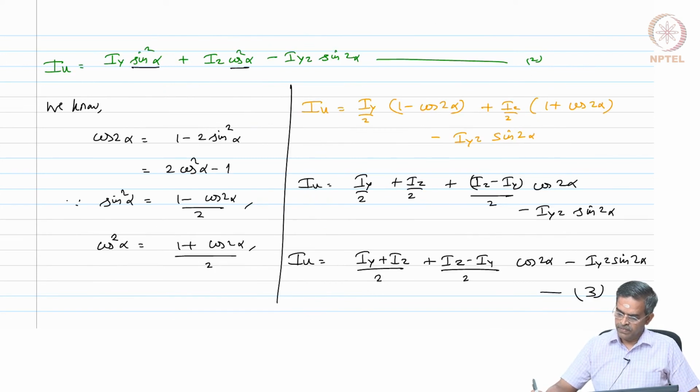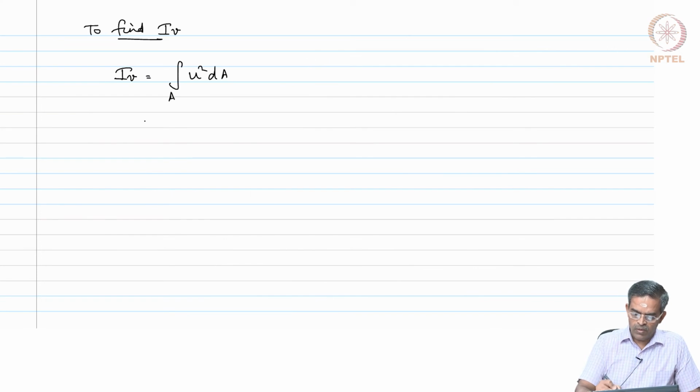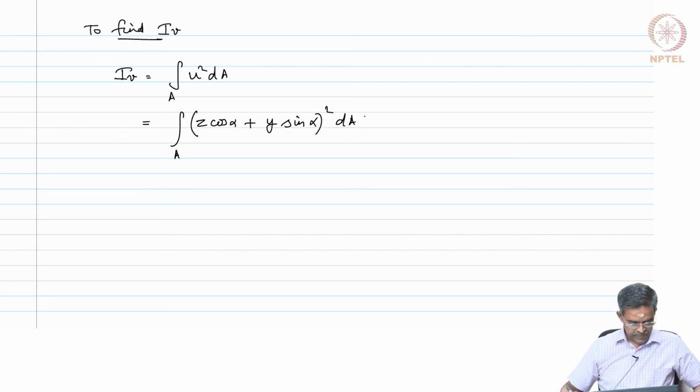Let us substitute it here, which is going to be equal to the integral for the whole area of (z cos alpha plus y sin alpha) the whole square dA.